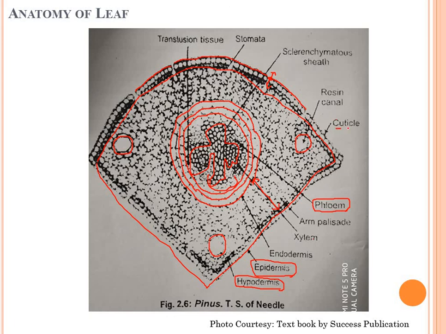See, this is the cuticle, and cuticle may be present on the outer epidermis. It is generally useful for reduction of transpiration. This is all about the anatomy of leaf.